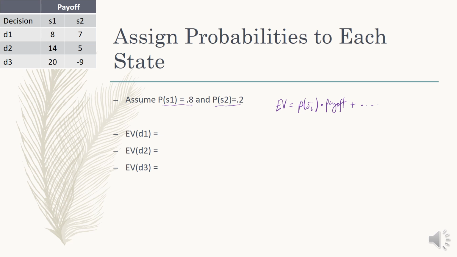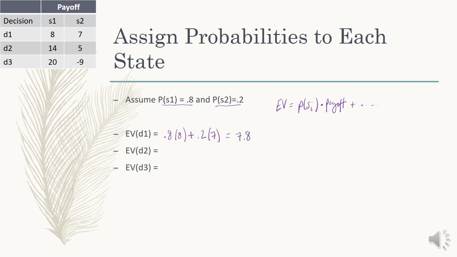So let's actually do these three. So if the probability of S1 is 0.8 and the probability of S2 is 0.2, let's find the expected value for decision 1. So it's going to be the probability of being in S1, 0.8, times the payoff for that state, plus the probability of being in state 2 times the payoff for that state.